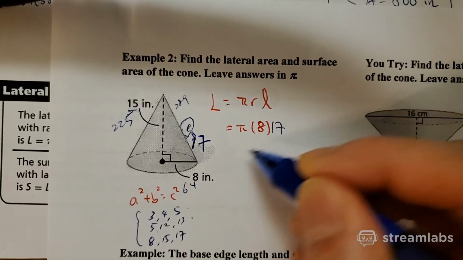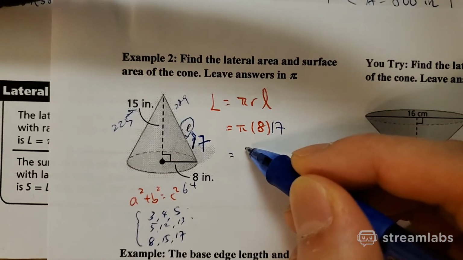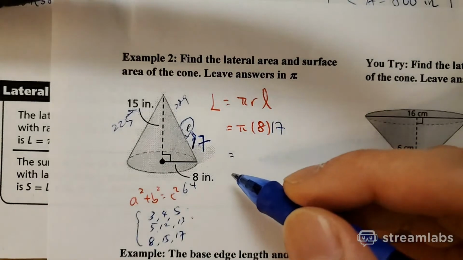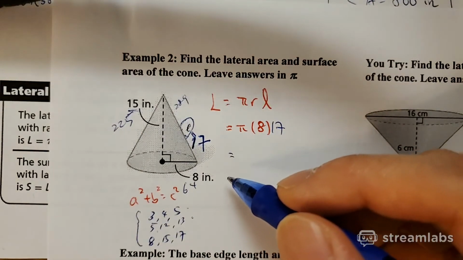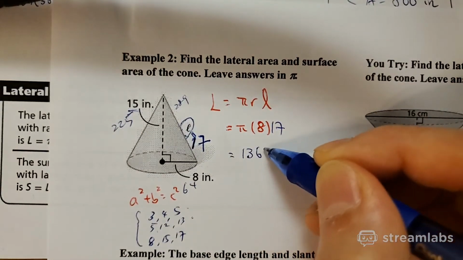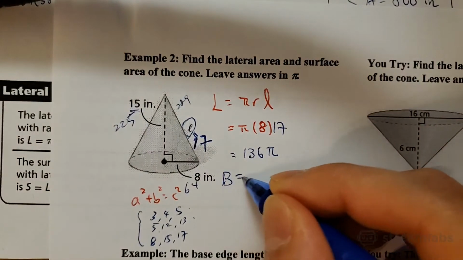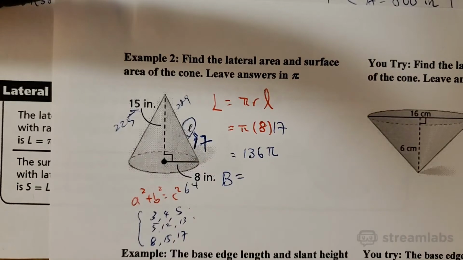All right, so 17 here. Multiply out. Should get 136 pi. Okay. And the base area would be pi r squared, right?